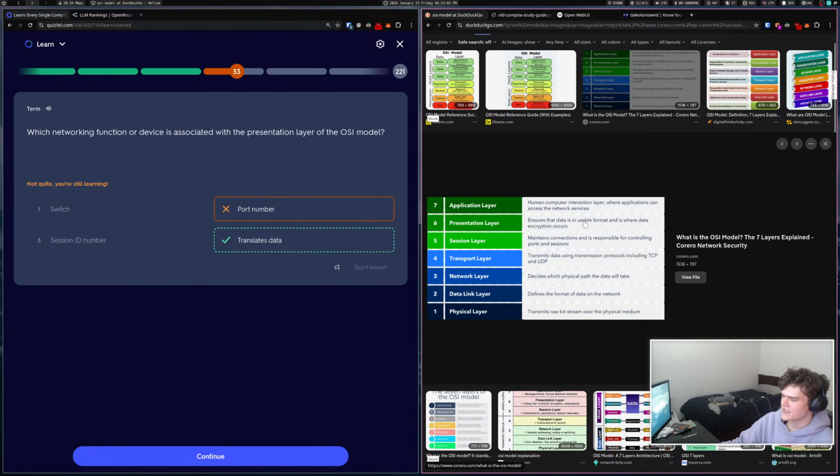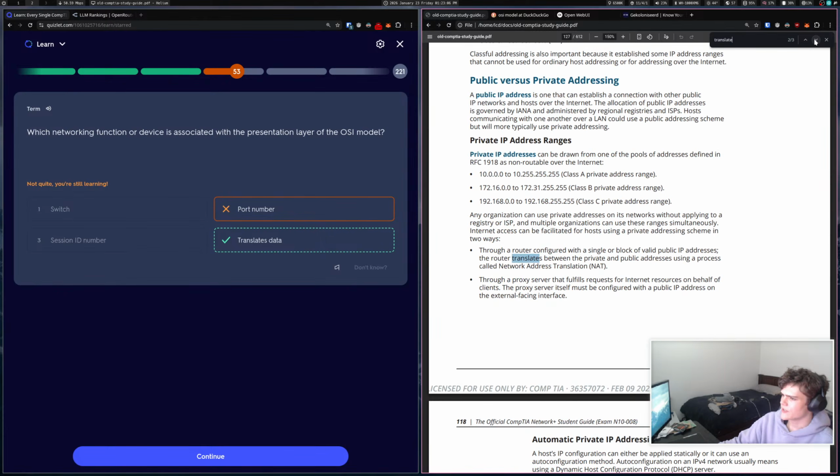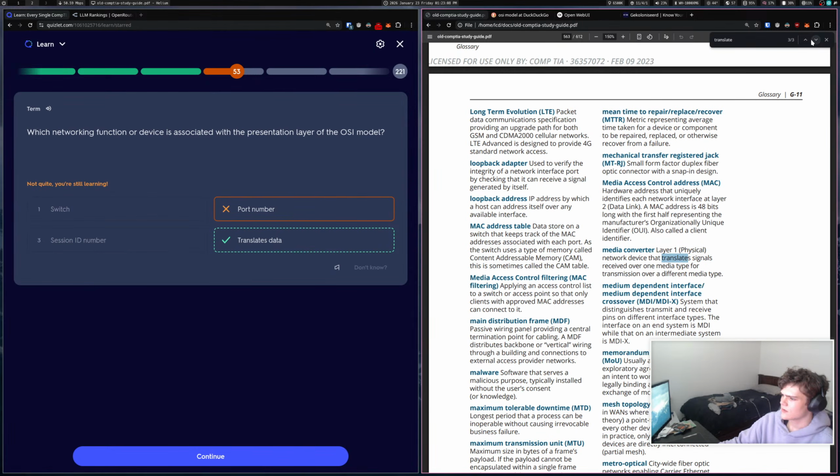Oh, ensures that the data is in a usable format. Sure, I know what you're saying. Like, it translates to whatever is needed.